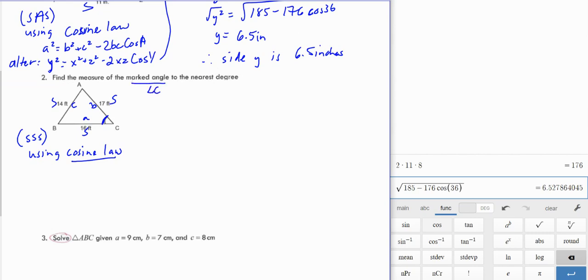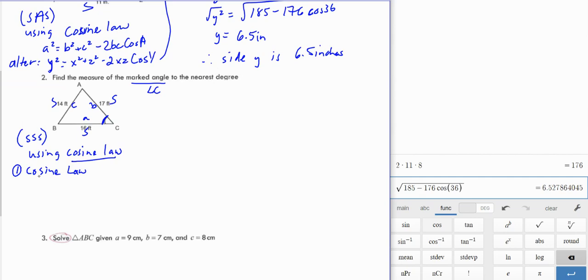So if we're doing that, I'm going to show you two different ways using the cosine law or the modified cosine law. So we're going to set up the first scenario, because you can choose. Do you want to use the cosine law or the modified cosine law?